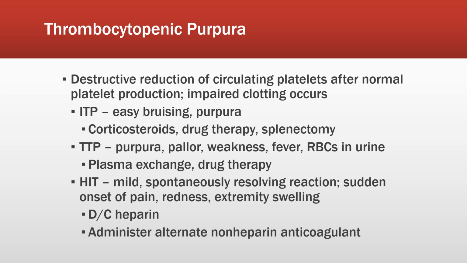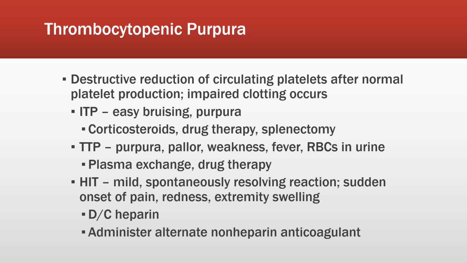Signs and symptoms or cues that we may see is easy bruising or purpura, which is areas that look purple. What are some of the labs that are used to diagnose? Hemoglobin, hematocrit, platelets, and because you may be transfusing, there's usually a type and cross that's going to be tested as well.